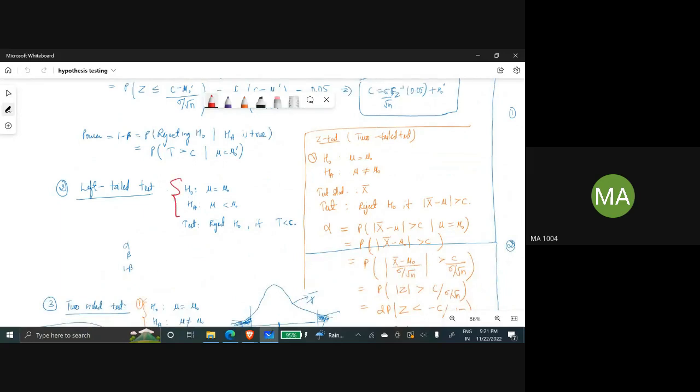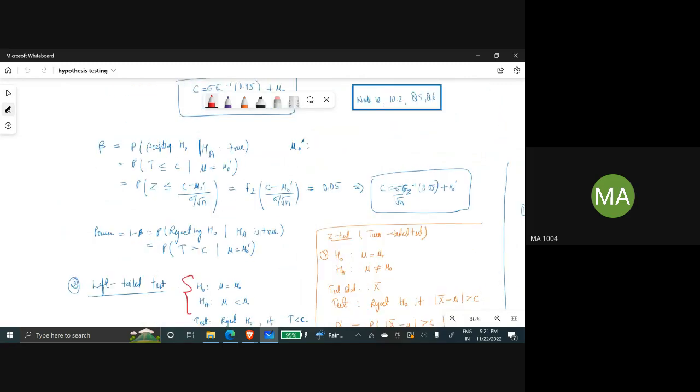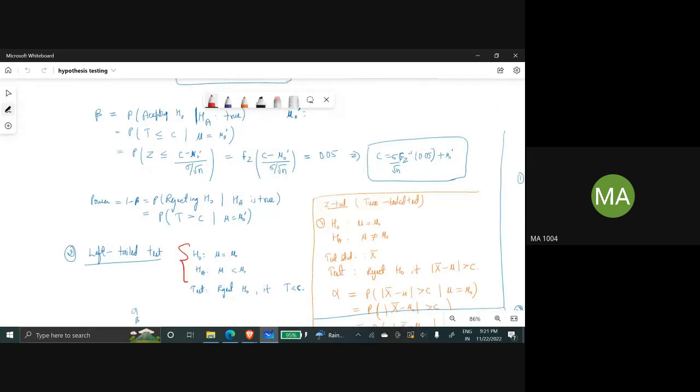And the test will be that we reject H naught if T is less than C. Since the alternative is mu less than mu naught, I'm giving my test as reject H naught if my test statistic comes out to be less than this critical value.